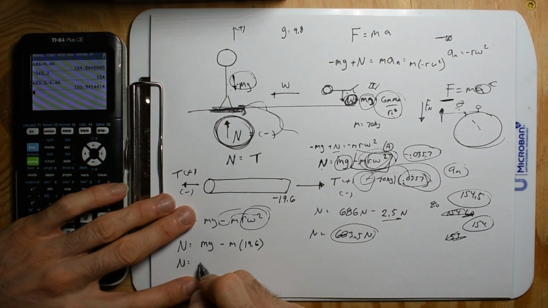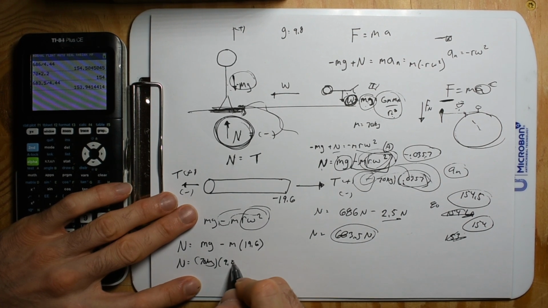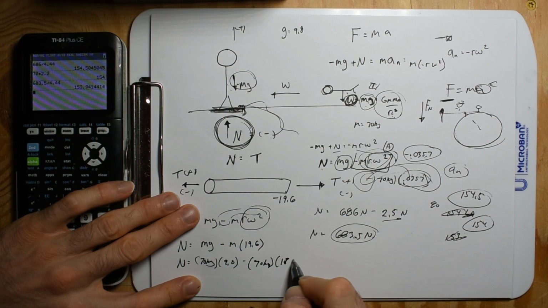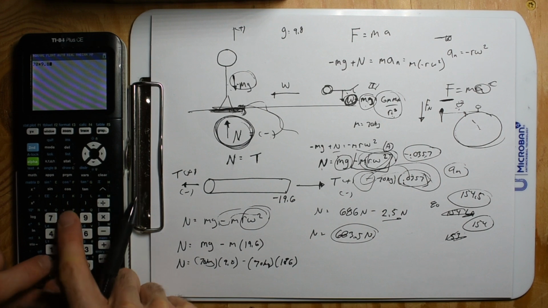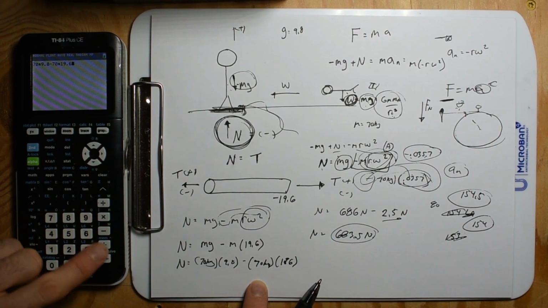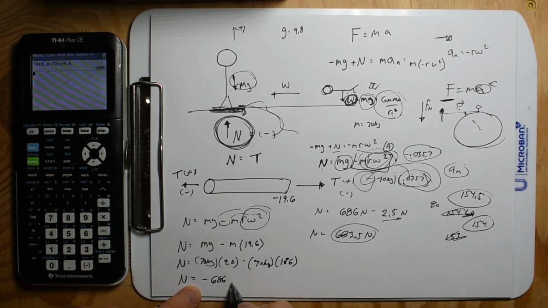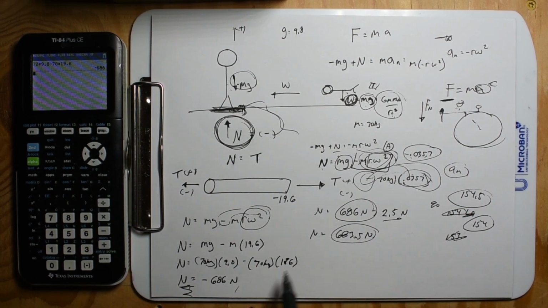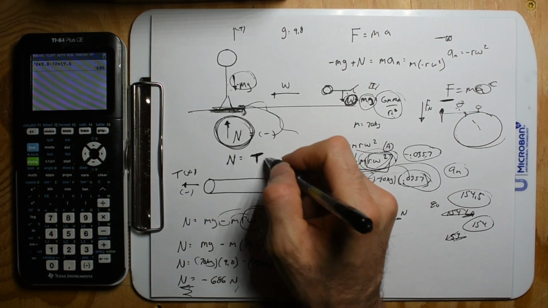And so we have N is equal to our mass, 70 kilograms, times 9.8, minus 70 kilograms times 19.6. And we get our normal force is negative 686 newtons. That was our initial weight, and now you see that the normal force is negative, and if we are attached to a rope, heck yeah, that's going to be tension.